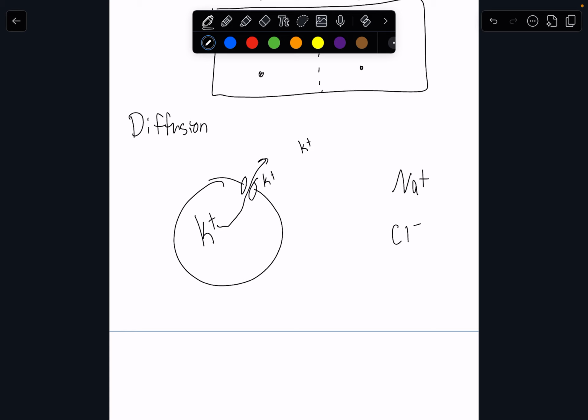There are other types of these protein channels as well. There are ones that have little gates on them. So you have your little one right here, and some of them just have a gate to prevent things from going from their high concentration to their low concentration. There are ones that are voltage gated, so changes in voltages will allow that gate to open.